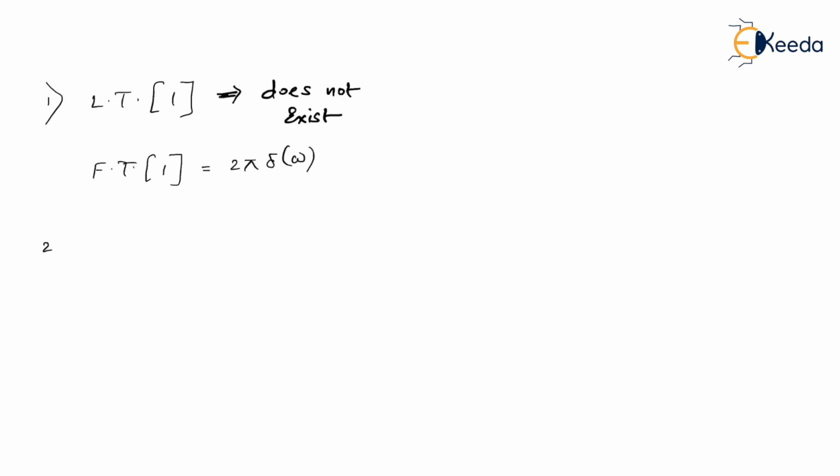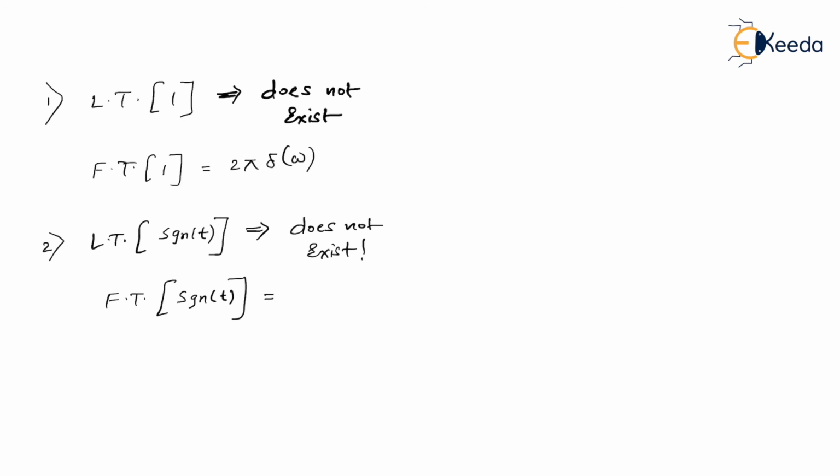And a second such example I can give you, we have just seen that the Laplace transform for a signum function does not exist. But we had a Fourier transform for signum of t, and it was 2 upon j omega. So there are many functions for which, especially when I'm talking about unbounded signals, we know that a Fourier transform does not exist, whose care will be taken by Laplace by the concept of the convergence factor, that is e to the power minus sigma t, and we had the provision of varying the sigma, and those sets of sigma for which we get F of s, that is a Laplace transform, to be finite.